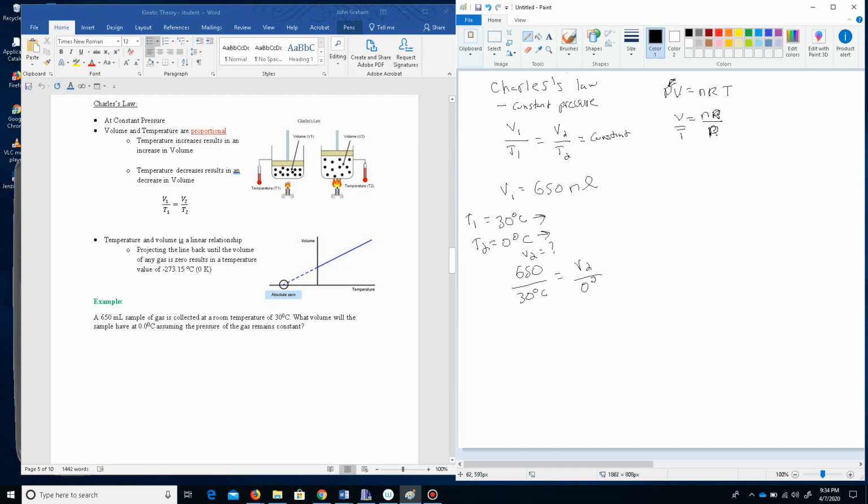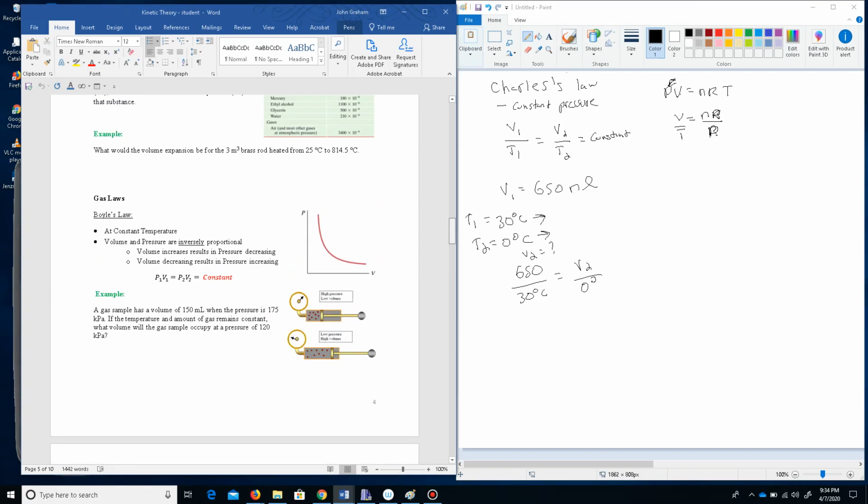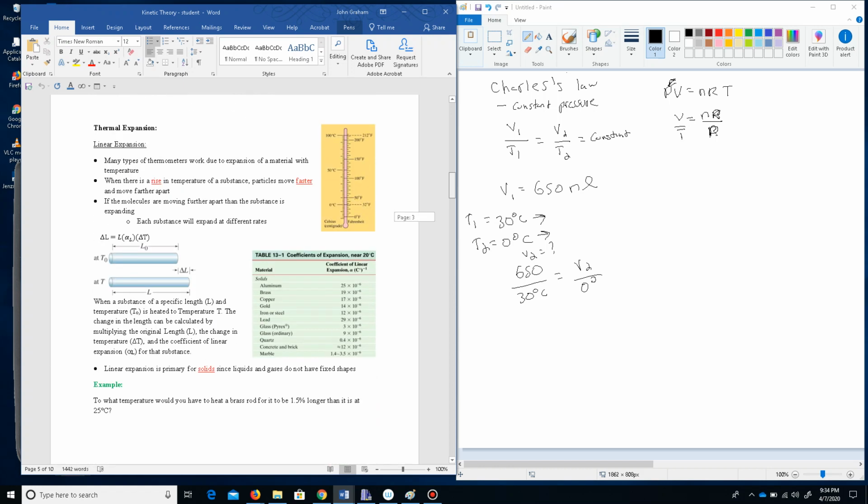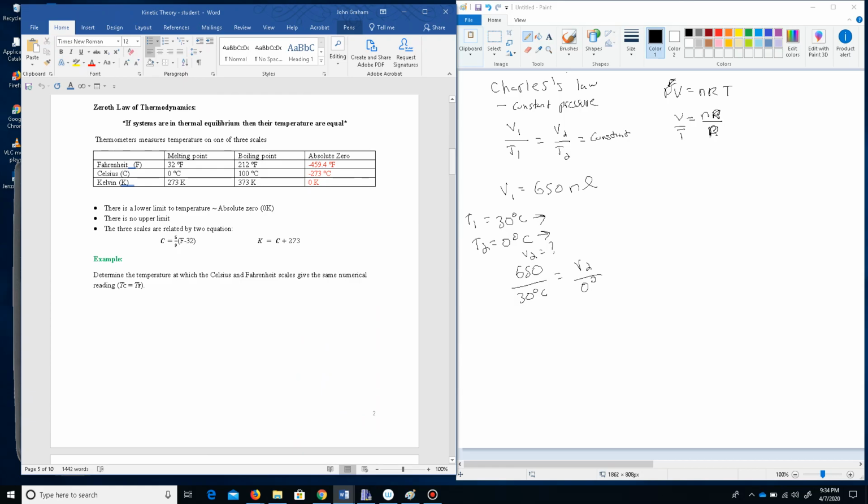Remember our equation, let me go back up to it in case you don't remember. K equals C plus 273. We have C, we want K, so that's the equation we want.